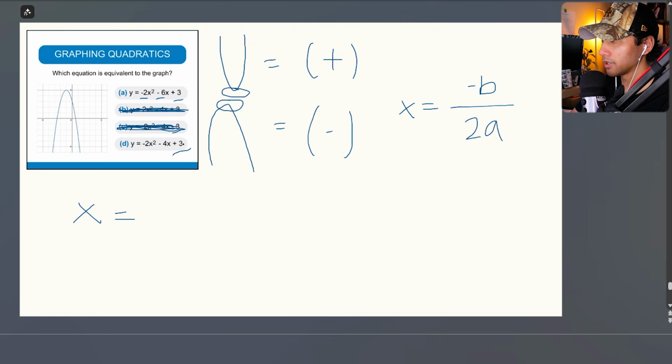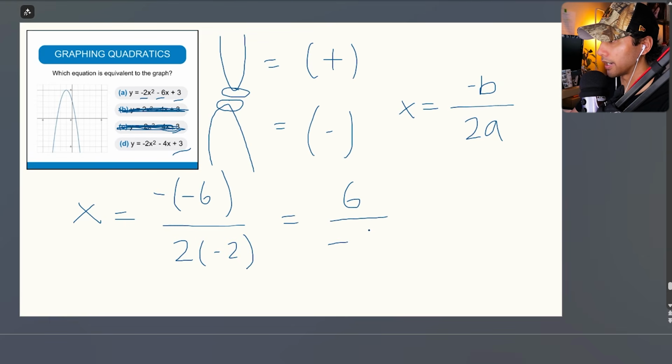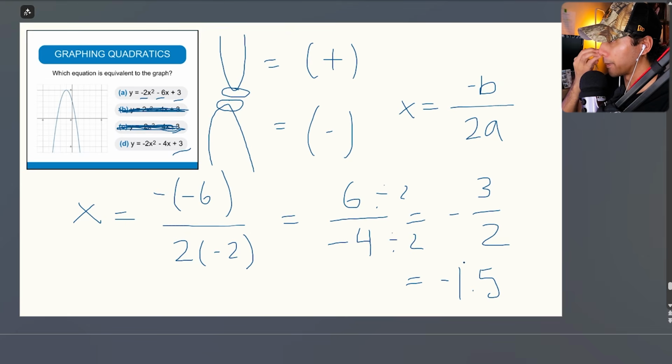x equals negative 6 over 2 times negative 2, which equals 6 over negative 4, which equals, it's going to be an ugly number, 3 over 2, right? Because all I did was divide by 2, negative 3 over 2, which you should know equals negative 1.5. x equals negative 1.5.